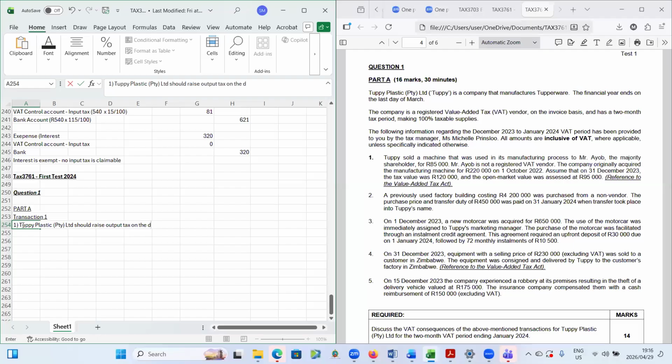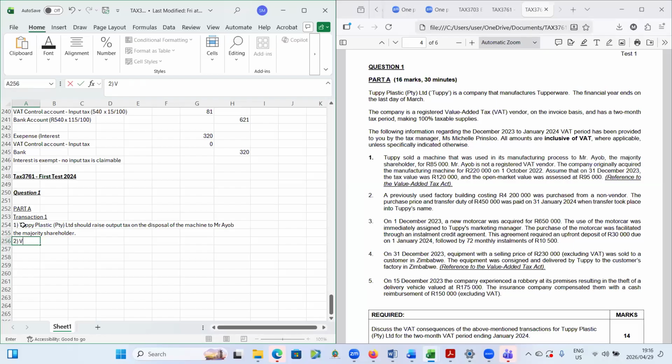Yes, on the disposal of the machine. On the disposal of the machine to who? To Mr. Ayob, the majority shareholder. That is it. What other factors are you going to look at here?